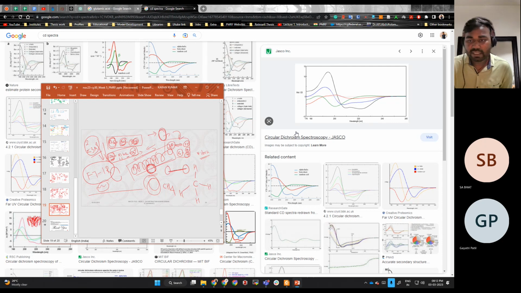Based on that, you notice the change in the angle theta value, which is observed on the y-axis. Whether it goes in the clockwise or anti-clockwise direction, and how much it changes the angle of the circularly polarized light, is mapped in the CD spectra, and on the x-axis you will see the wavelength. So based on the different interactions, you will find different characteristics.